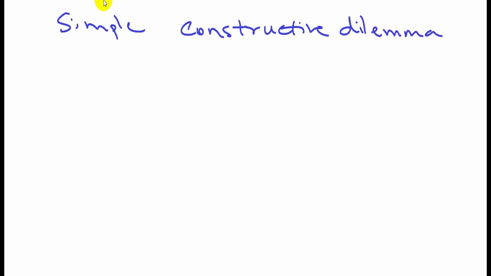Simple constructive dilemma. So let us look at the simple constructive dilemma.